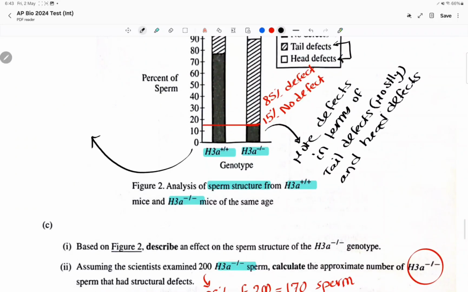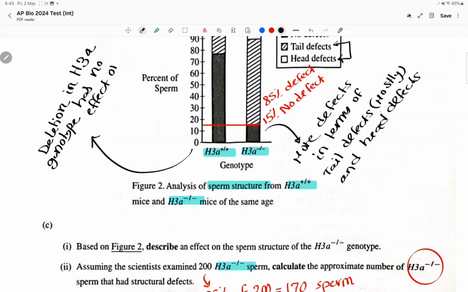So, the null hypothesis is going to be that deletion in the H3A genotype has no effect on defect percentage in sperm.